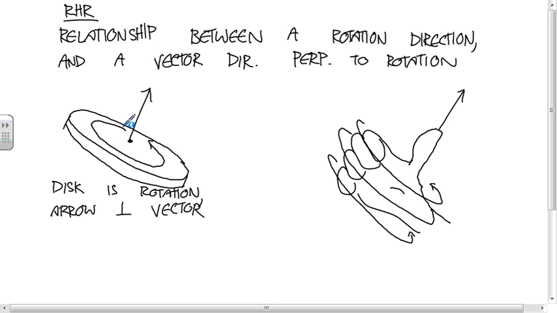I've also seen a lot of people make the mistake of using their left hand for the right-hand rule. Notice that the relationship between the vector and the rotation direction is opposite on your left hand. On tests, I see a lot of people, since they're writing with their right hand, to save time, not put down the pencil and do it with the left hand, and then you get your directions all backwards.